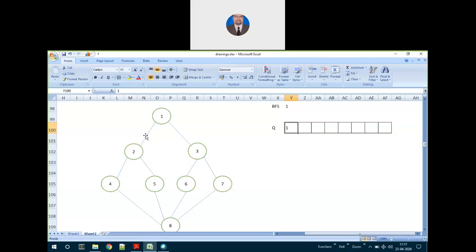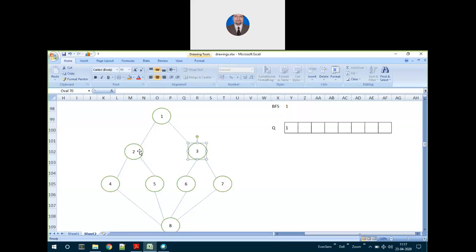Then in the breadth first search, I should find out the adjacent vertices of this 1. I want to now explore this vertex 1. In order to explore vertex 1, I need to find out the adjacent vertices. So the adjacent vertices for 1 are 2 and 3.